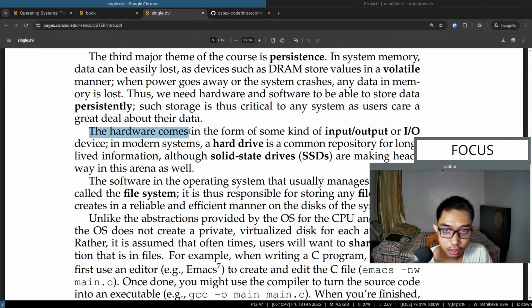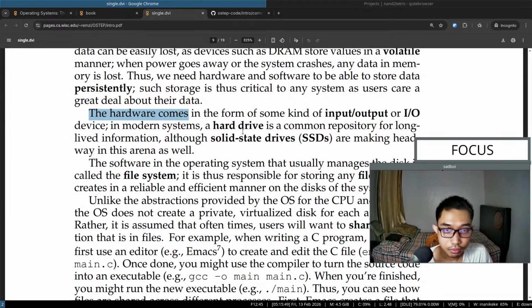The hardware comes in the form of some kind of input/output, the I/O device. In modern systems, a hard drive is a common repository for long-lived information.